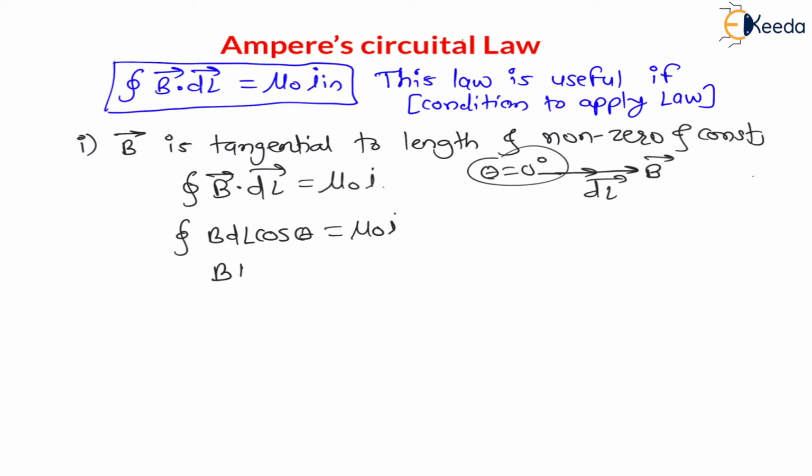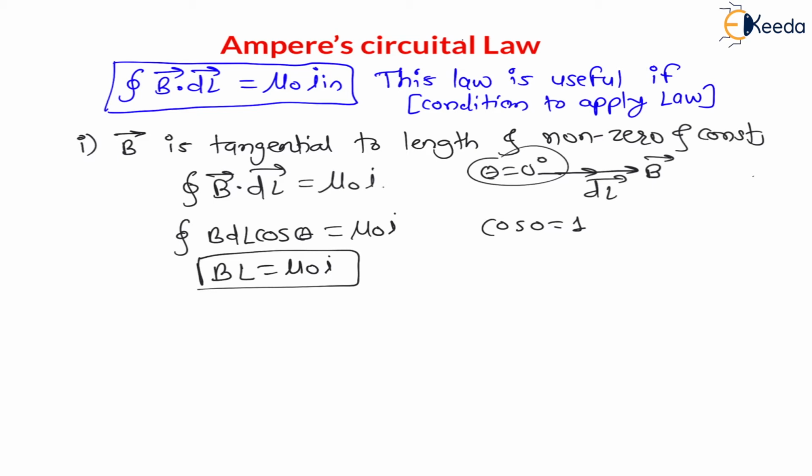Therefore it will become BL is equal to mu naught I. This is how we can solve, because cos 0 is 1 and B is constant. Here they are saying B is constant. This is how the law will convert into a very simple form. And today whatever numericals we are going to see are on this condition only, means in all the numericals the length and magnetic field will be tangential to each other, means theta will always be 0.